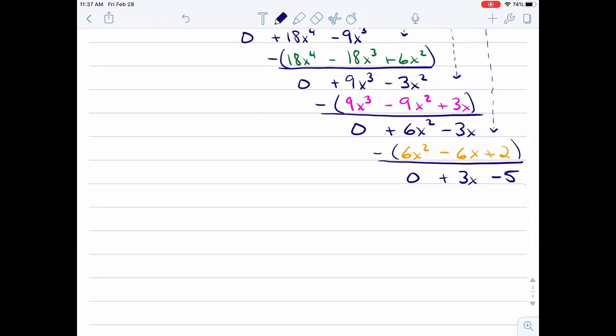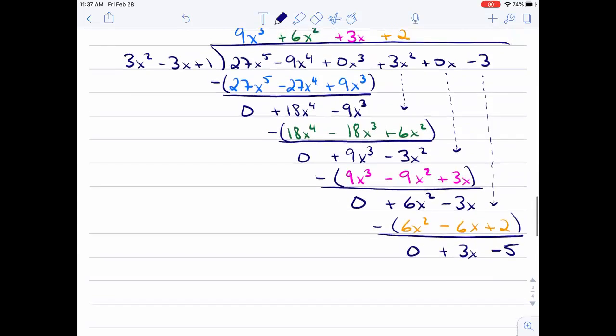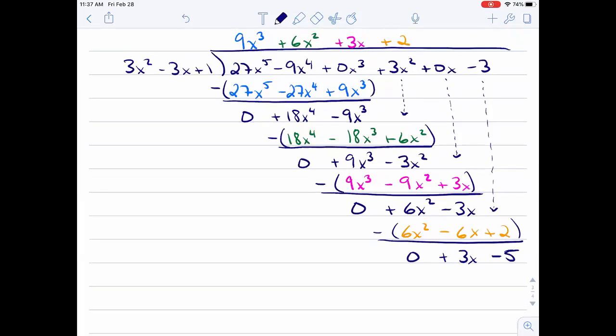We did it. Because now this is our remainder, 3x minus 5, right? So in terms of r of x it is 3x minus 5, because my highest power here is 3x squared, and so I can't divide it by 3x squared anymore.